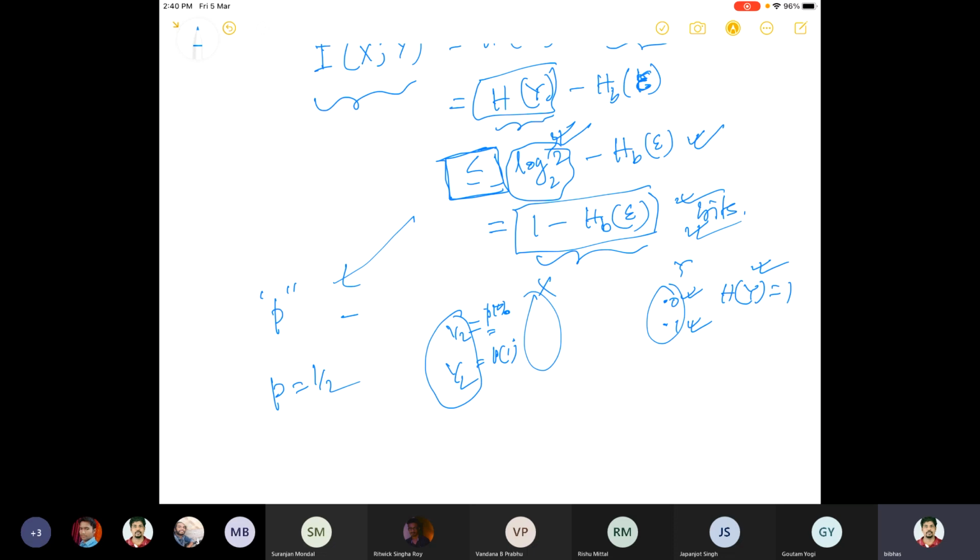This will be channel capacity because I of xy is less than or equal to this, and here there is an inequality sign which can be made equality for some value of this p, and hence this should be the capacity of the channel. So sometimes you don't have to solve an optimization problem. You can use your common sense and find out what the channel capacity is.